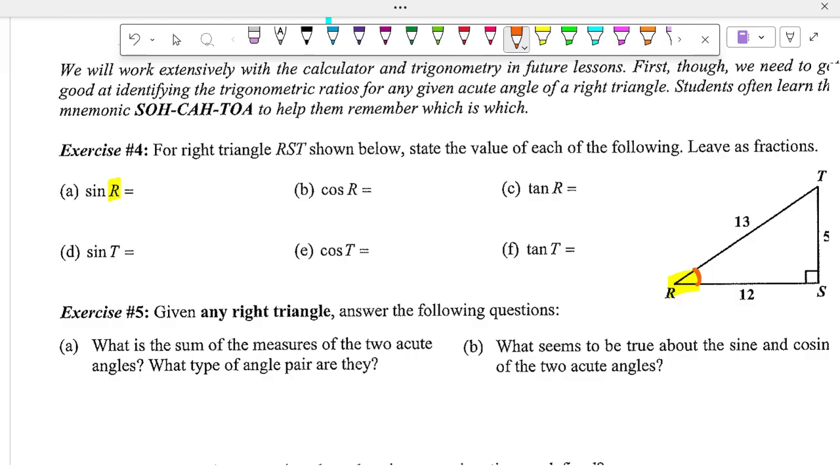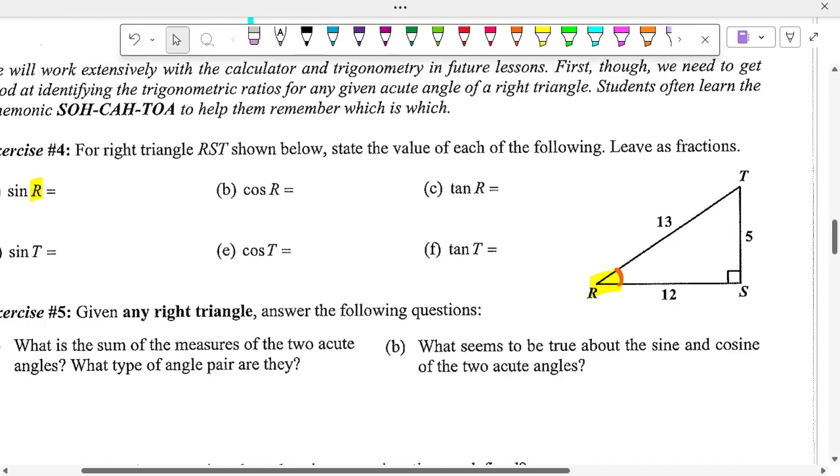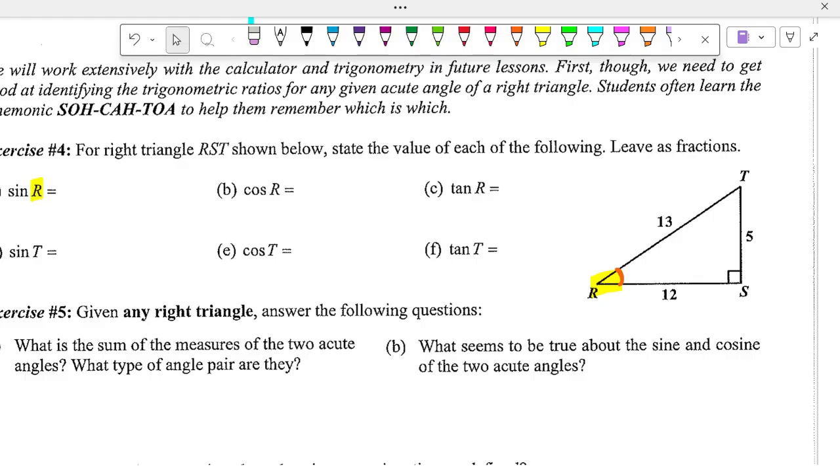My recommendation to you: whatever reference angle you're using, you should automatically go ahead and label hypotenuse, opposite, adjacent, based off of that angle. So which side would be my hypotenuse? 13. Which side would be my opposite? 5. Adjacent? 12.